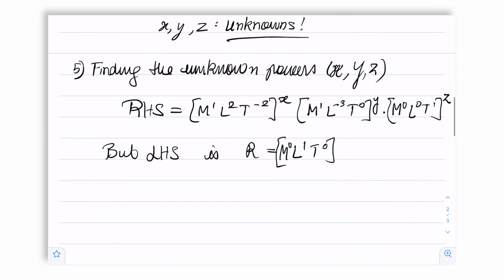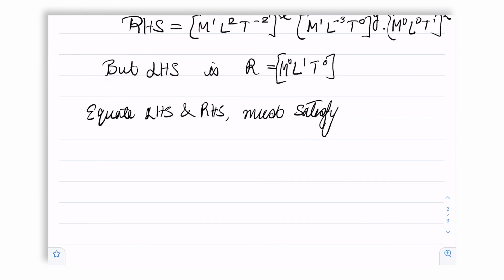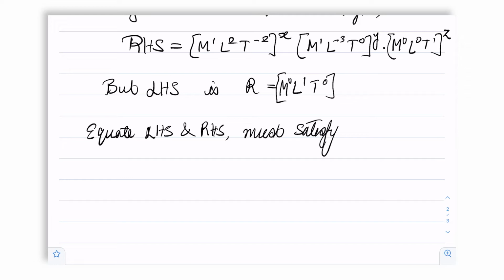This means that when we equate LHS and RHS, it must satisfy a series of simultaneous equations. These are x plus y is equal to 0.